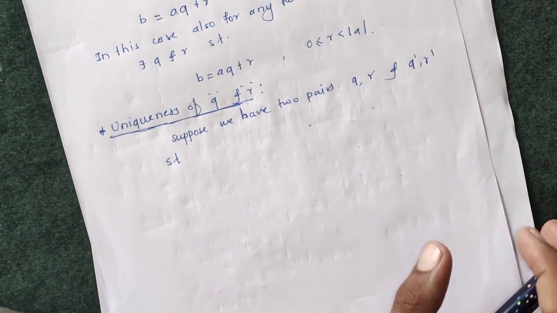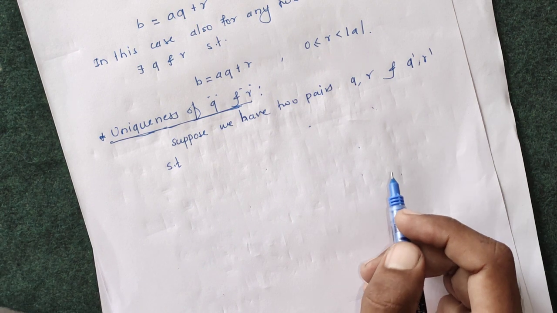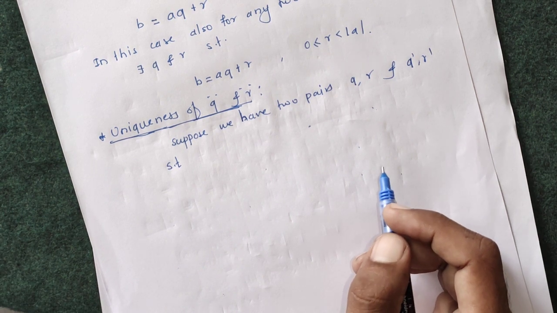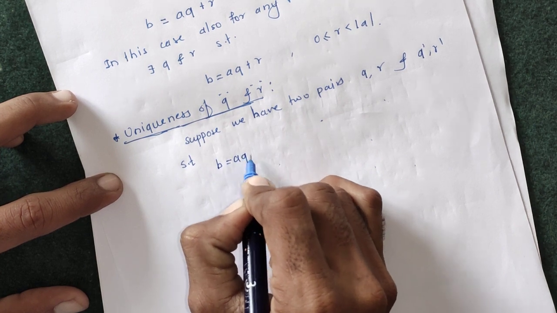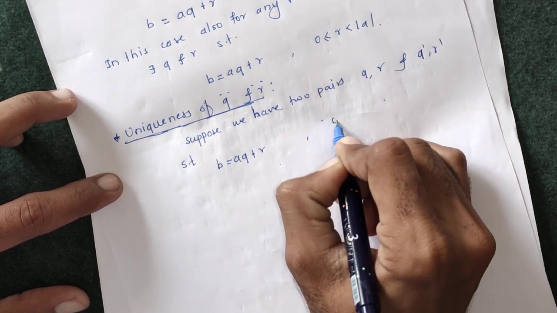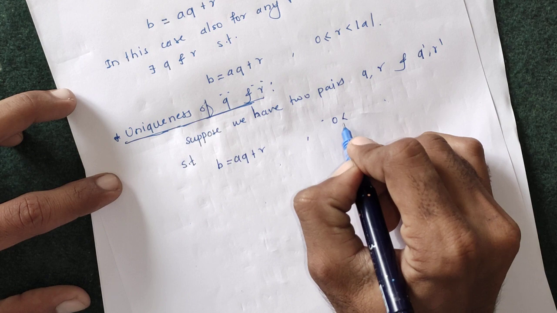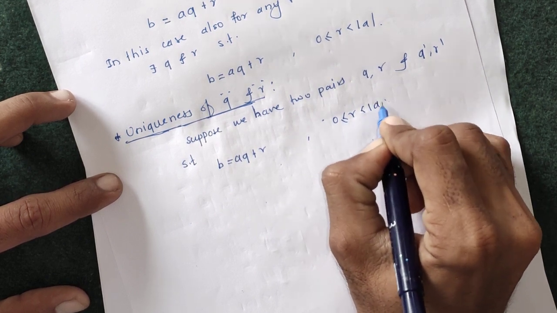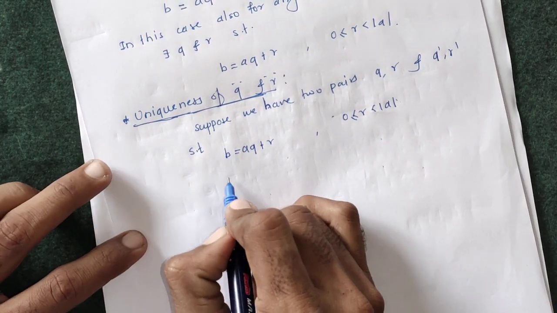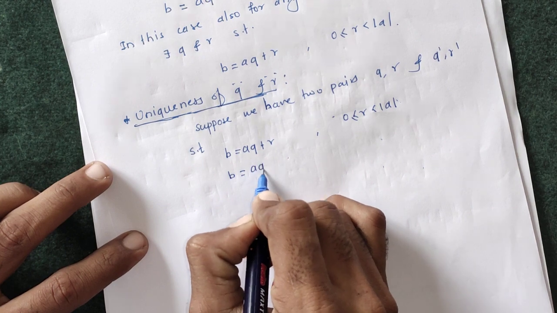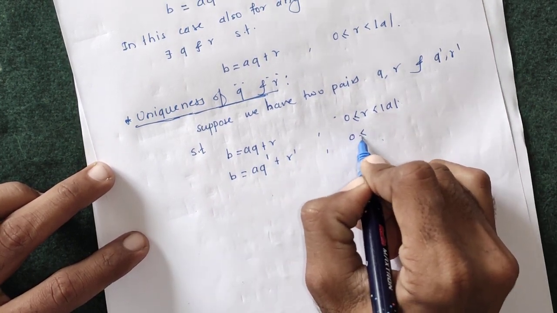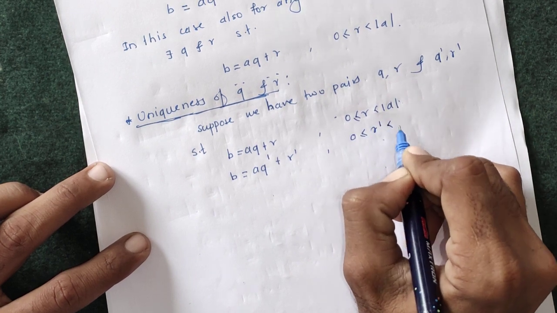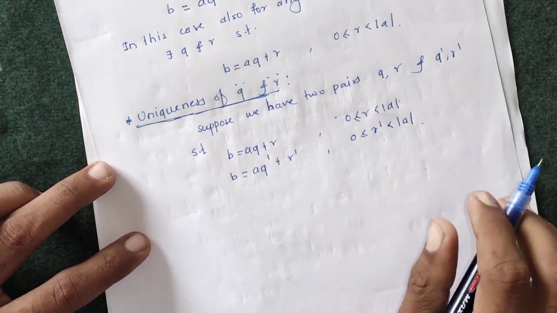So, suppose we have two pairs q r and q prime r prime such that b is equal to aq plus r, where 0 is less than or equal to r is less than mod a. Also b can be written as aq prime plus r prime such that 0 is less than or equal to r prime is less than mod a.